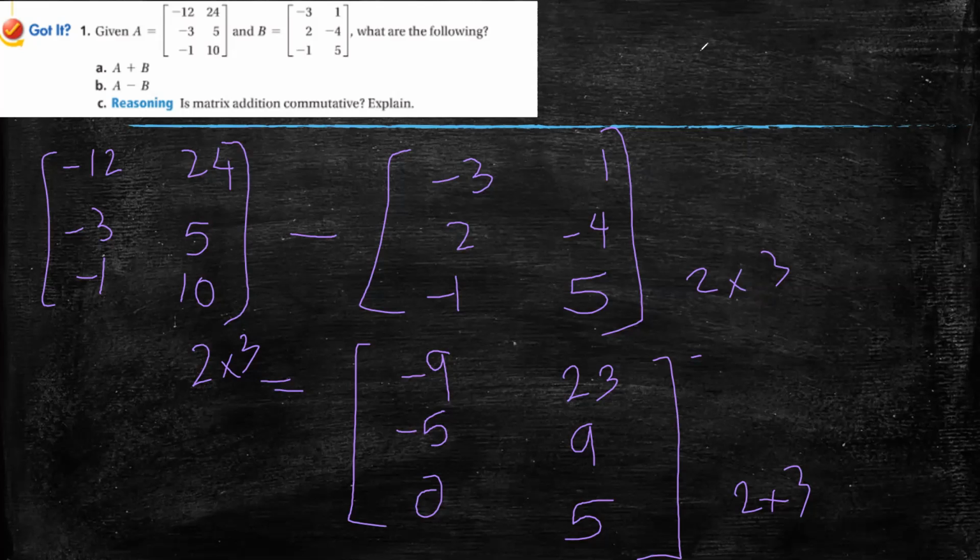Okay. Now, is the matrix addition commutative? This is the first matrix, and this is the second matrix, okay? Let's clear this one here.